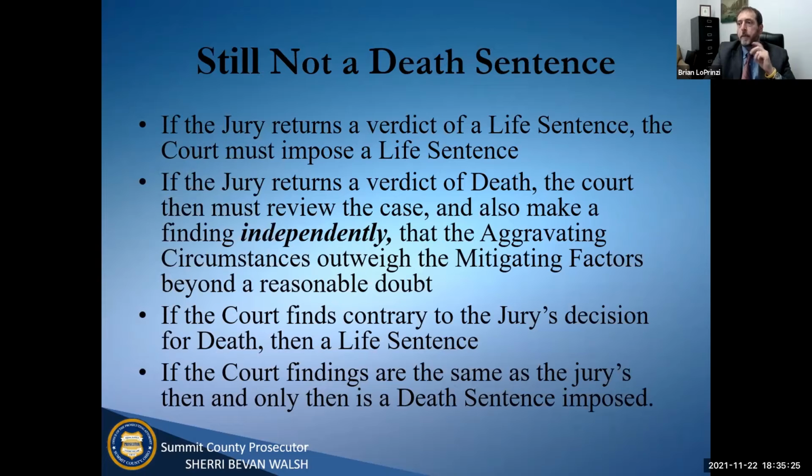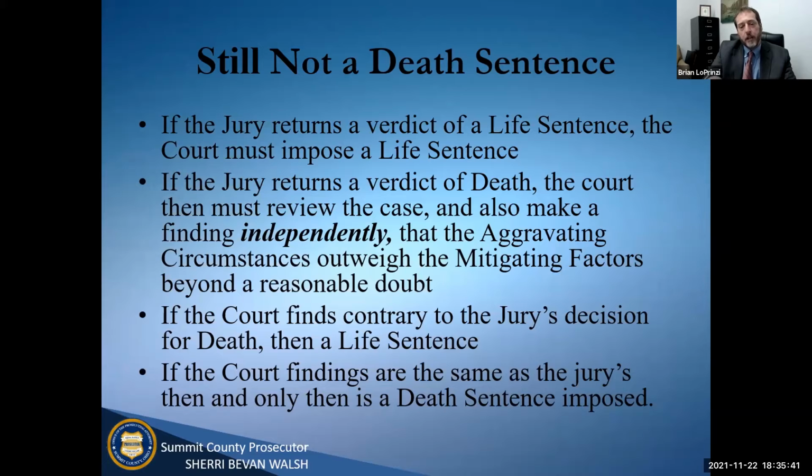At that point, if the jury decides unanimously that there's a death sentence, and that it's appropriate, it's still not a death sentence. At that point, the trial court would have to do the same process.